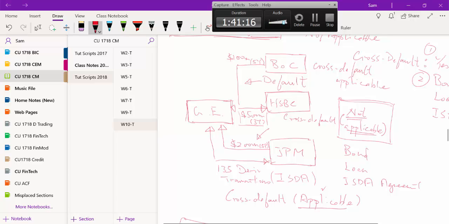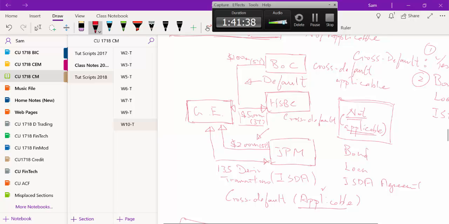Even if HSBC doesn't have the same terms, the other companies still can. Correct. Cross default is what you can do when your client defaults on someone else. But if your client defaults on you, of course you have the right to take some action.